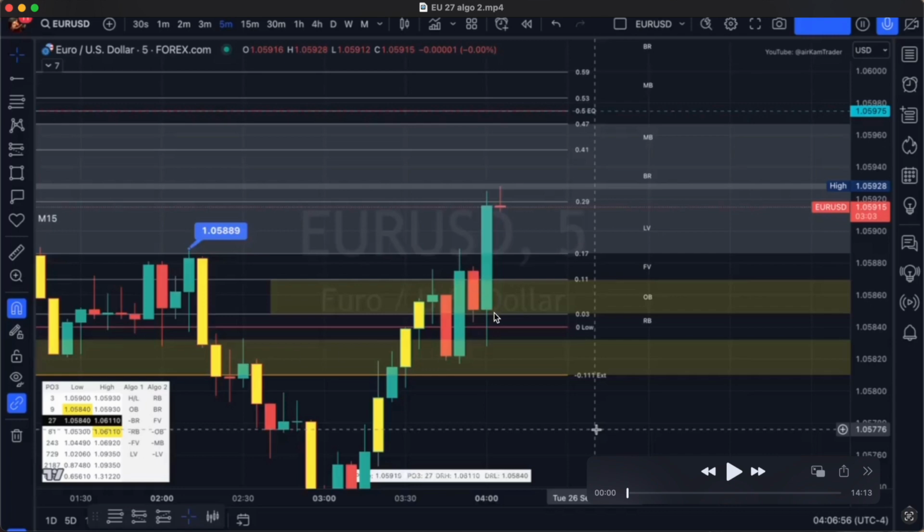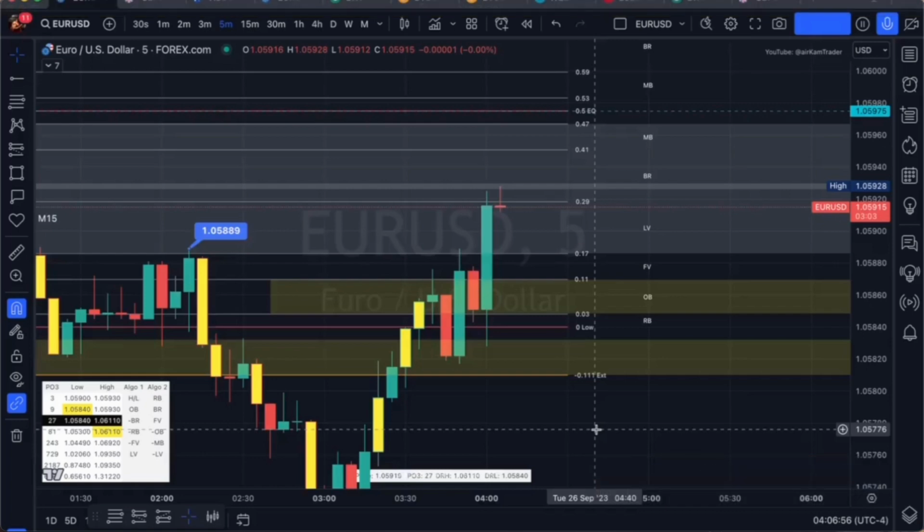So immediately I spotted here that we formed a bearish order block in the OB zone, and we have potentially a fair value gap forming. Now this isn't perfect, it doesn't have to be perfect, sometimes it is spot on perfect, but as long as it's close enough, that alerts me.